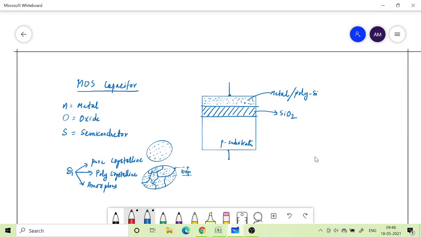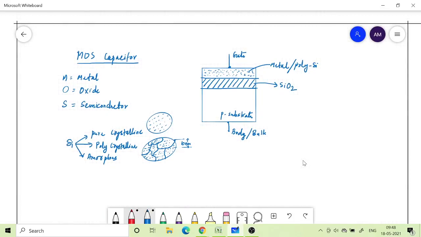Okay, so this terminal, the highly conductive terminal, we call it as gate, and this one we can call it as body, sometimes it is called as bulk. Okay, so for MOS capacitor we have only two terminals. It's a two terminal device, just like any capacitor. This is also a two terminal device.